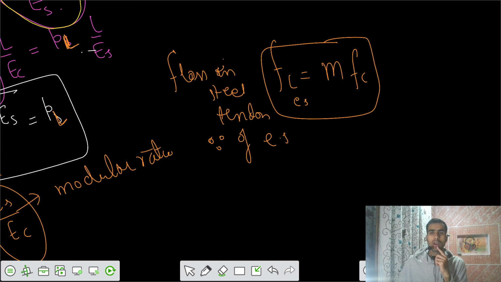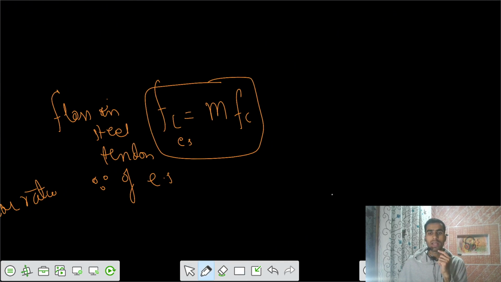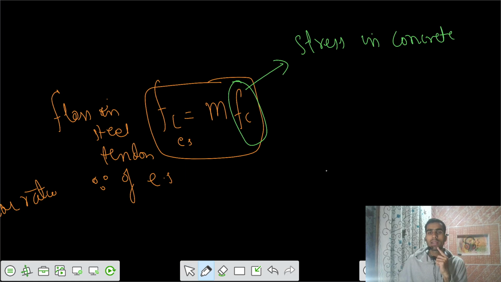Where FC is the stress, what is FC actually? This is the stress in concrete at the level of those tendons in that section.